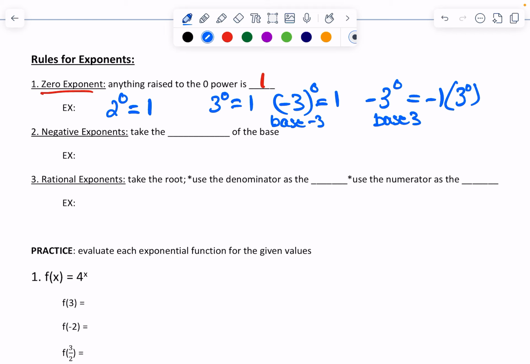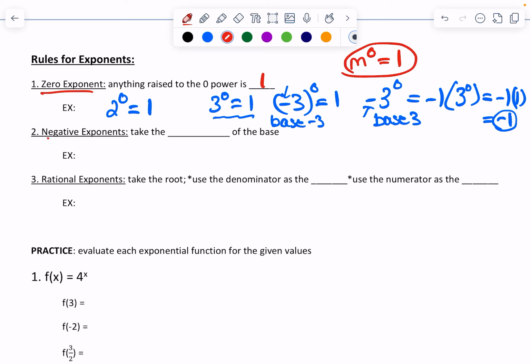We already said 3 to the power of 0 is 1, so negative 1 times 1 ends up being negative 1. Notice the difference again when the negative is outside or inside parentheses. What is your base? In general, m to the power of 0 is going to equal 1.